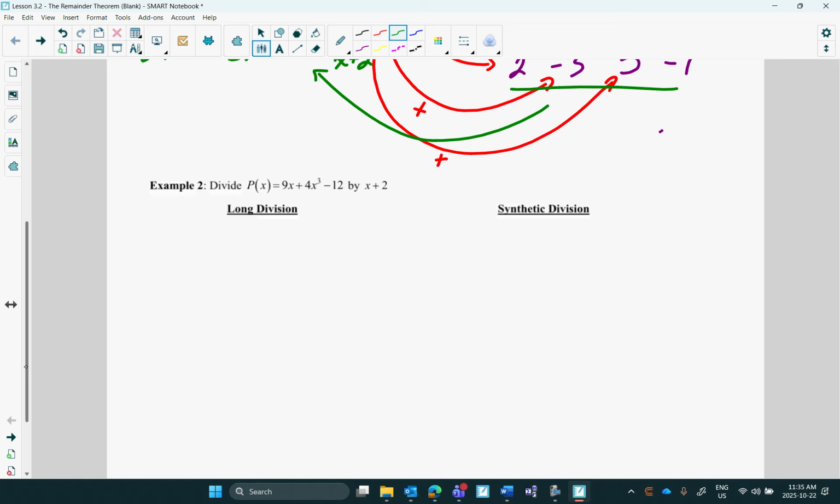So what's the highest exponent in this one? So it's really 4x to the third. What about x squared? Is there an x squared? So how can I add an x squared? What would I put in front of it so that it really represents nothing? 0.